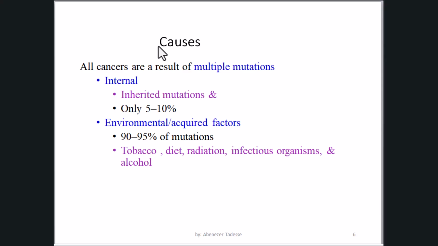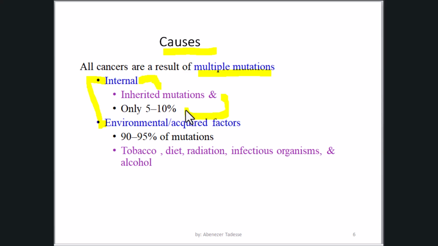Okay, let's see the cause of cancer. All cancer results from multiple mutations of DNA, and causes can be further classified as internal and external. The internal factor or internal cause for cancer development is inherited mutation from the family history.